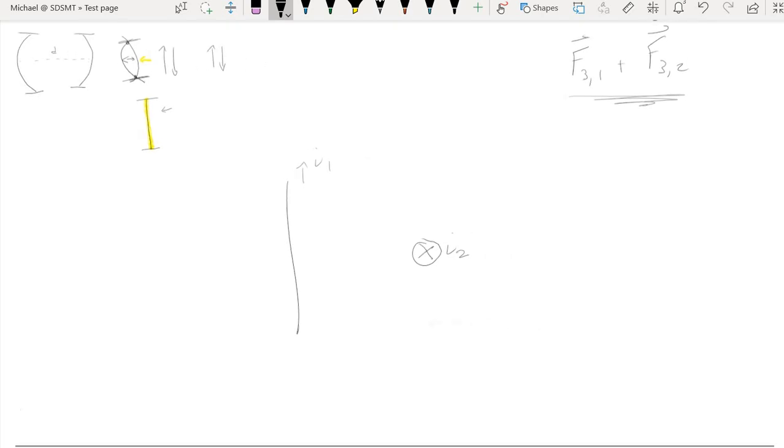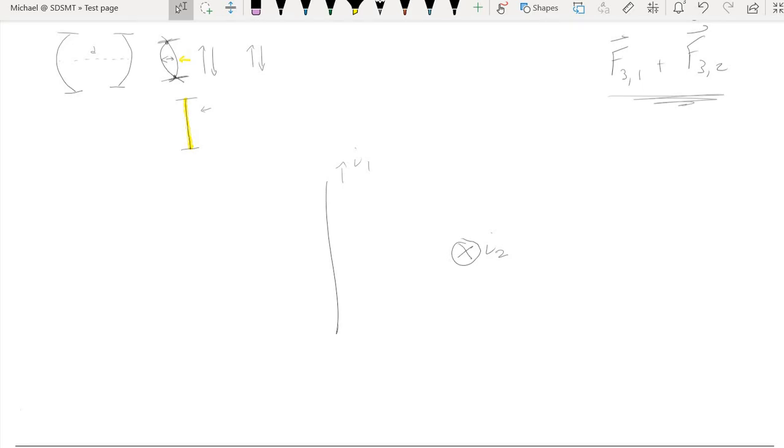Would there be a magnetic force on either of these wires? And we could say, well, magnetic force says IL cross B. So is wire 2 going to create a magnetic force on wire 1? That is the question.